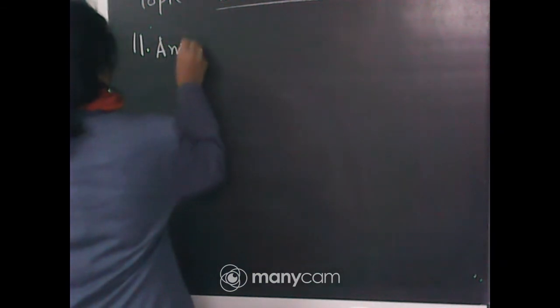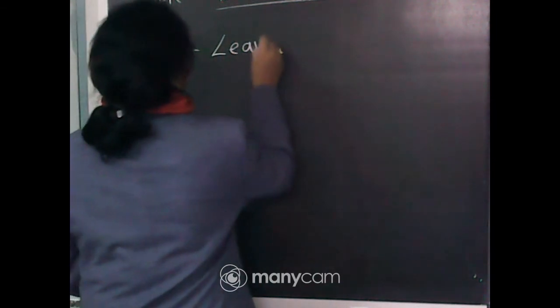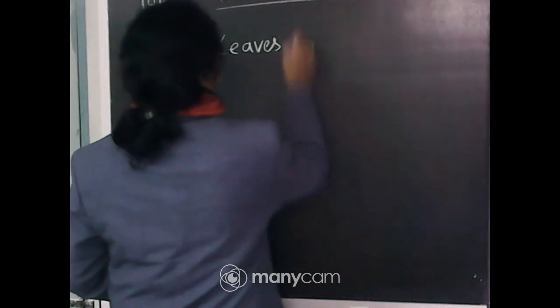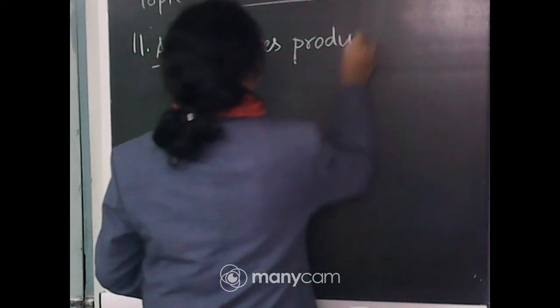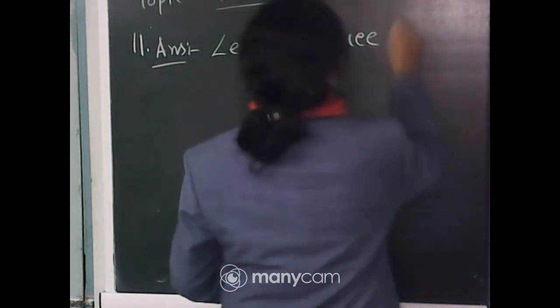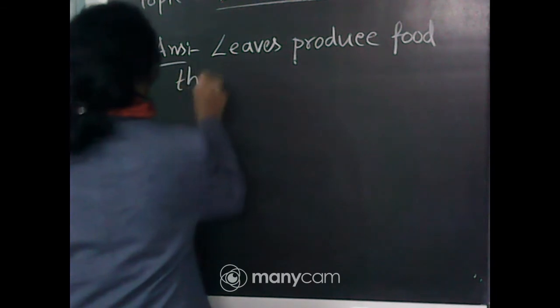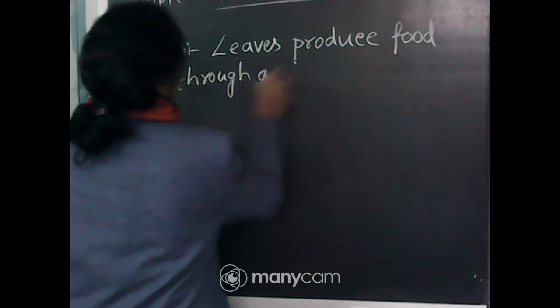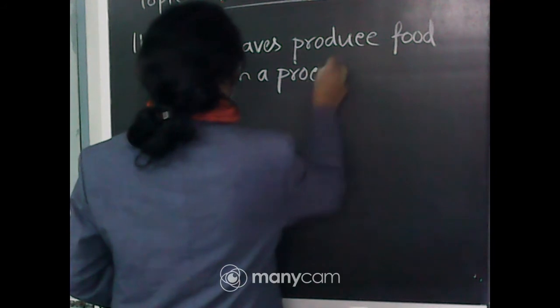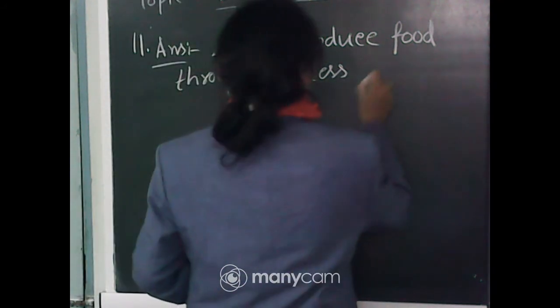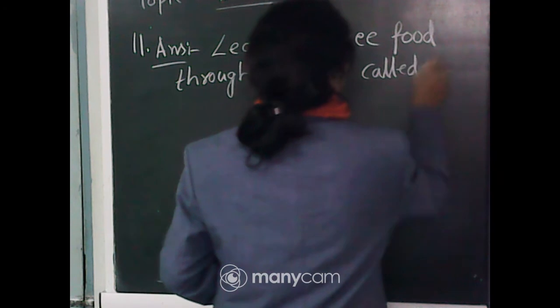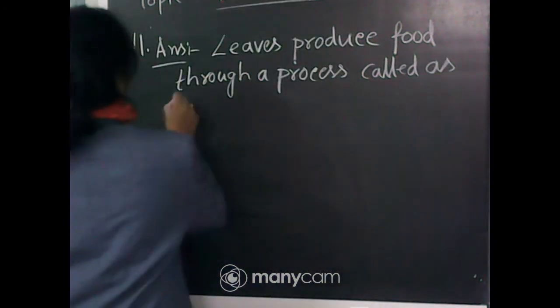So the answer here, in a single sentence: leaves produce food through a process called photosynthesis.